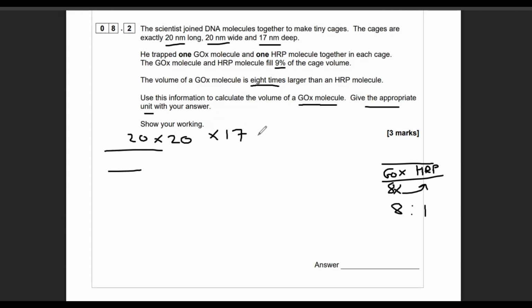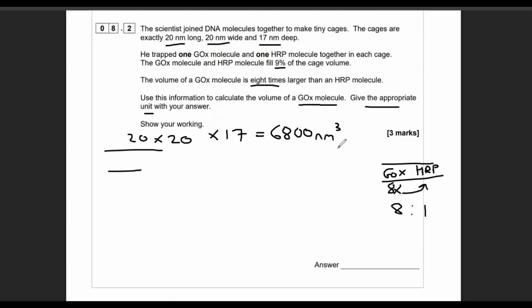That's 6,800. So I believe that is going to be your first mark. Now, what would the unit be? Well, you've done nanometer by nanometer by nanometer, so it's going to be nanometers cubed because you multiplied it 3 times.